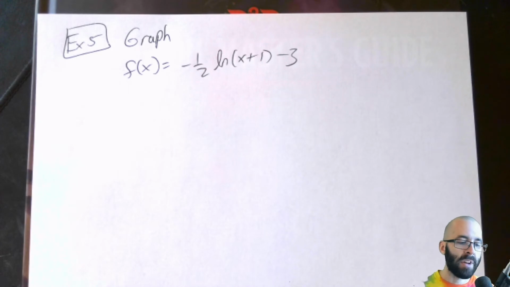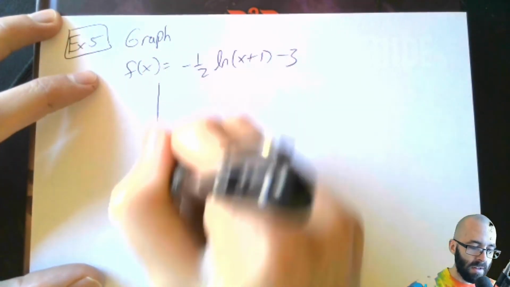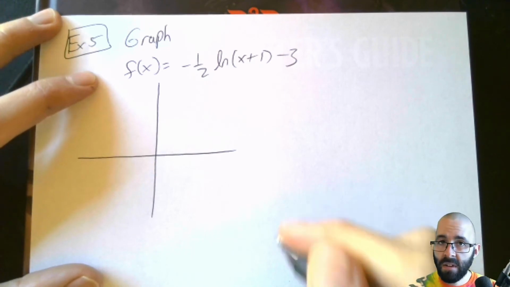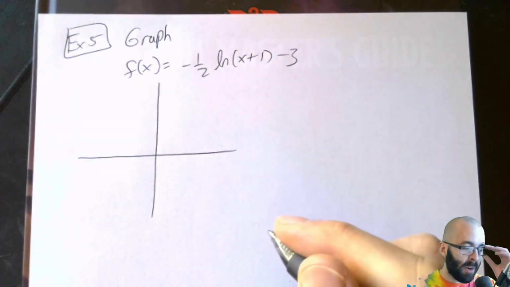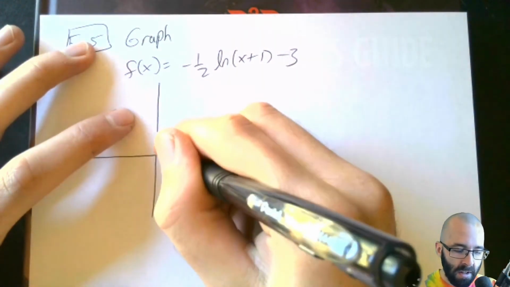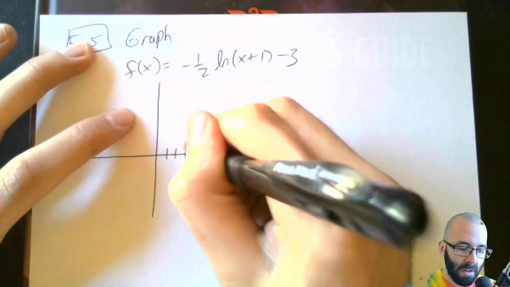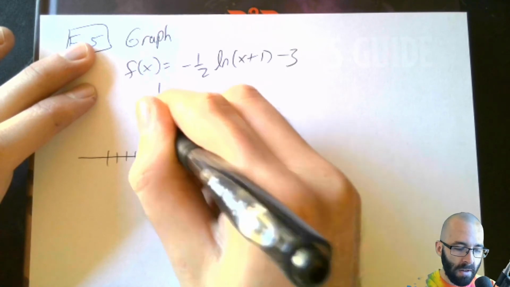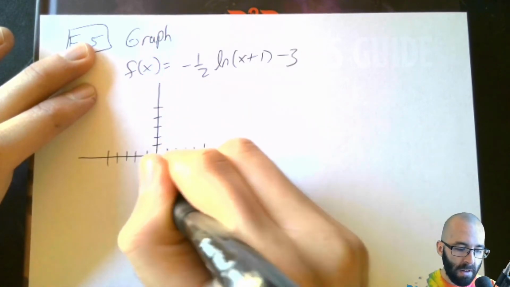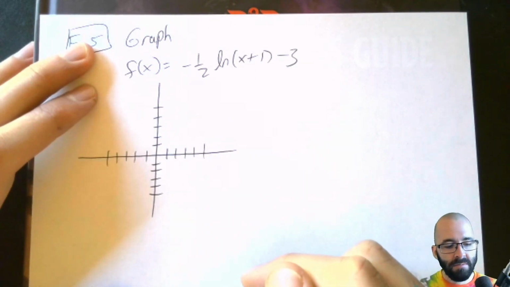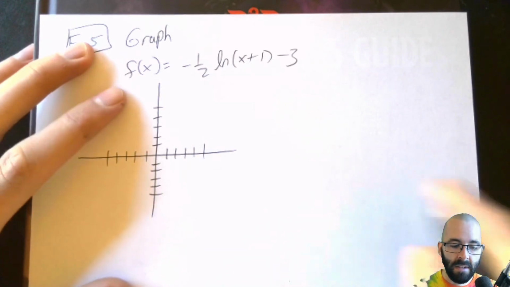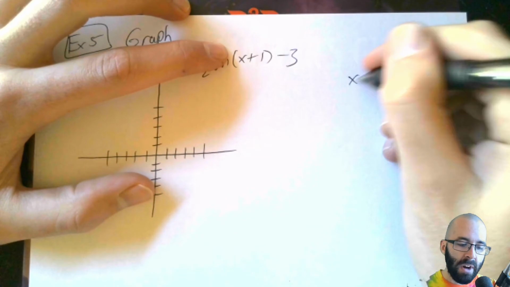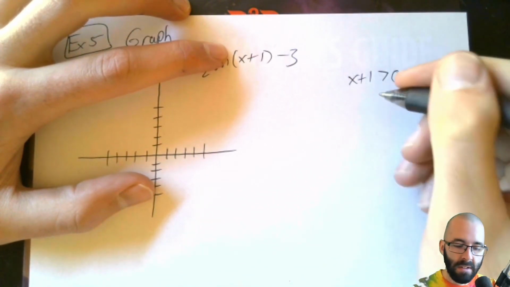So what we're going to do, let's start with talking about what we know, incorporating the stuff from earlier in the section. For example, the domain. The domain of this is all the numbers where x plus 1 is positive.